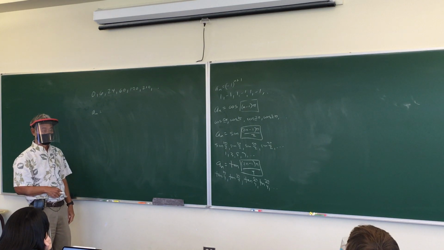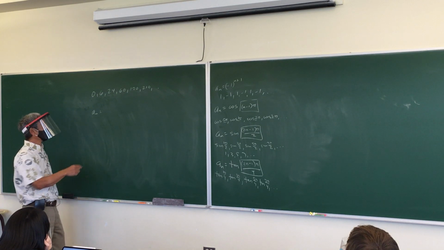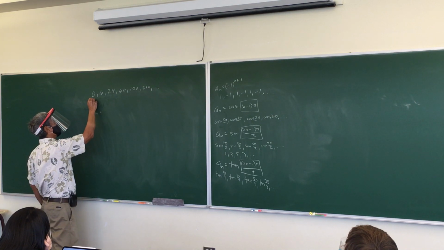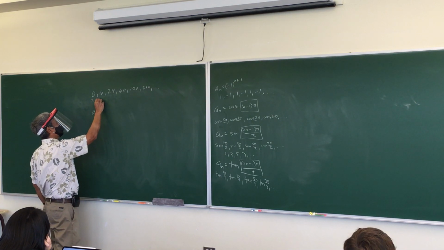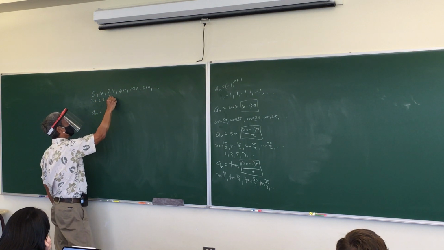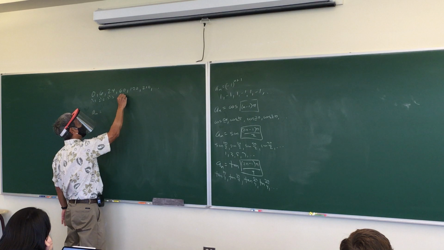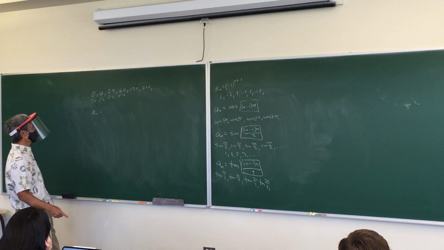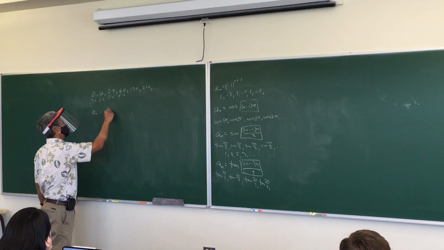N cubed minus n. There you go. See, so you gotta play around with it. You gotta go, okay, this is 1 cubed minus 1. 2 cubed minus 2. 3 cubed minus 3. 4 cubed minus 4. That's called breaking it down. Hey, I see the pattern. It's n cubed minus n.